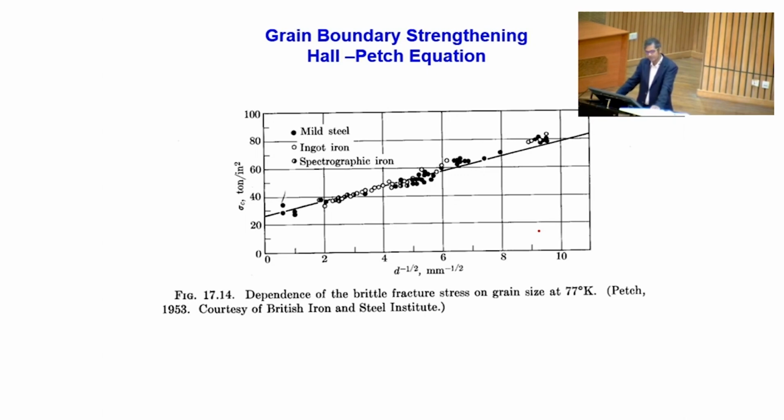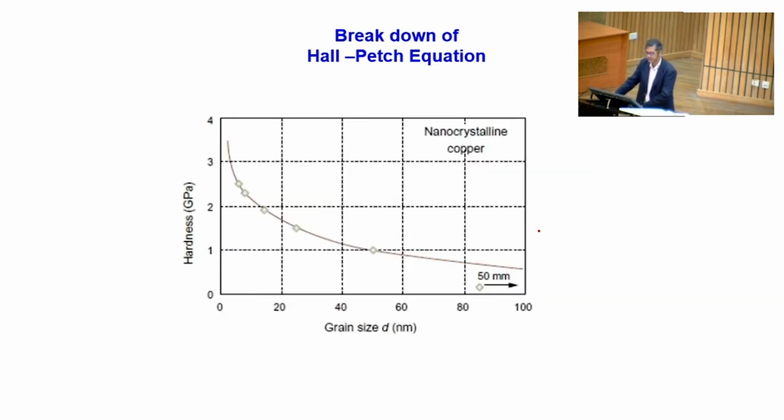That also tells us that this equation very nicely describes the whole behavior of the grain size dependence of strength. But in those days, in 1953, there was no concept of nanocrystalline grains; although they were there, people did not know about them.